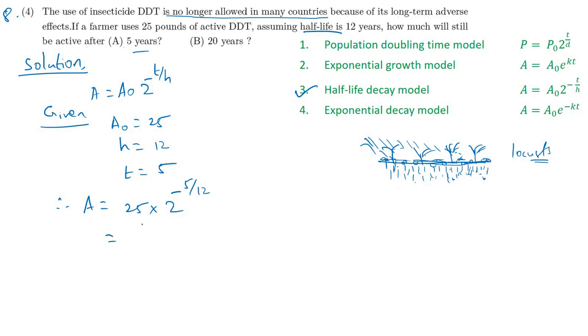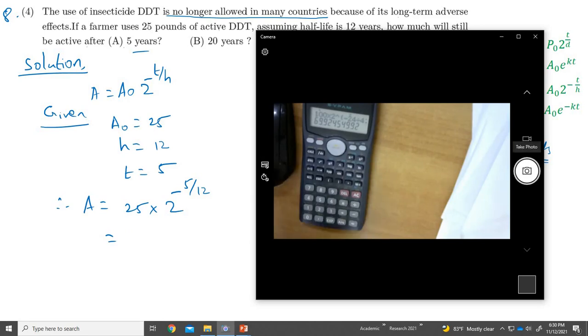Take your calculator, find this one, and then refer to my answer. Anyway, I will do this one. 25 multiplied by 2 power, open bracket, minus 5 divided by 12, close bracket, equal to. How much is it? 18.7288.